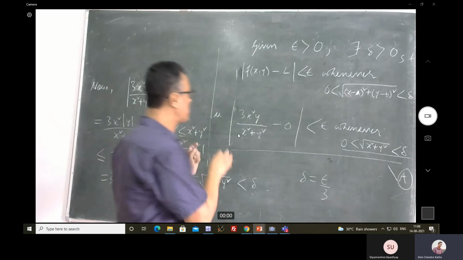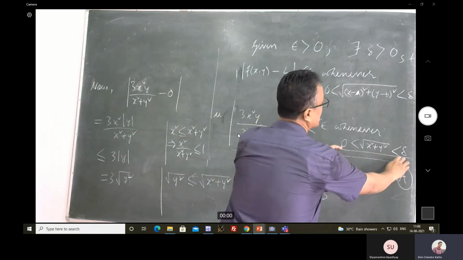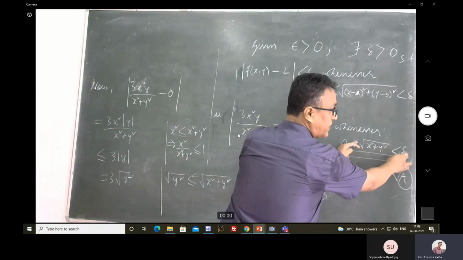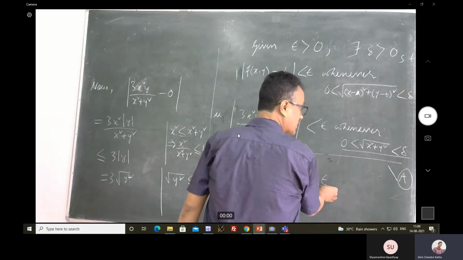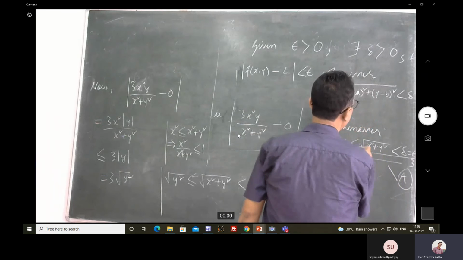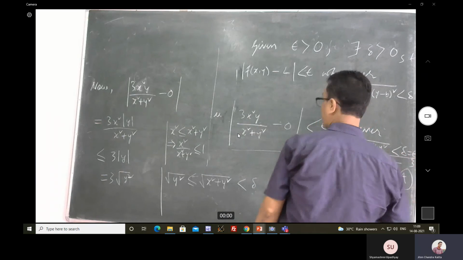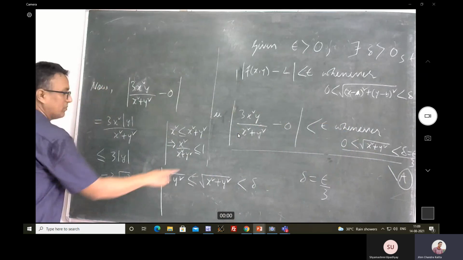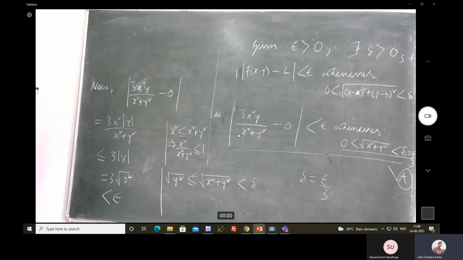We have to prove that this is strictly less than epsilon whenever this is strictly less than delta. So if I choose delta equal to epsilon by 3, whenever square root of x squared plus y squared is strictly less than epsilon by 3, I am always going to get this to be less than epsilon, isn't it? Fine.